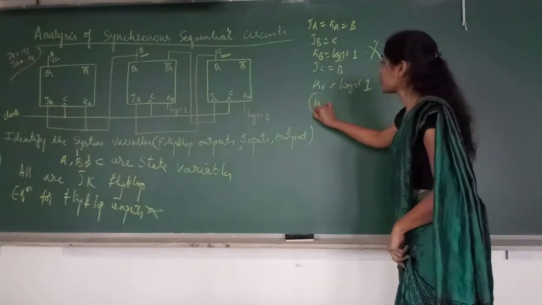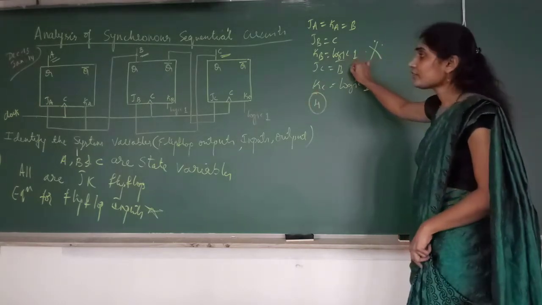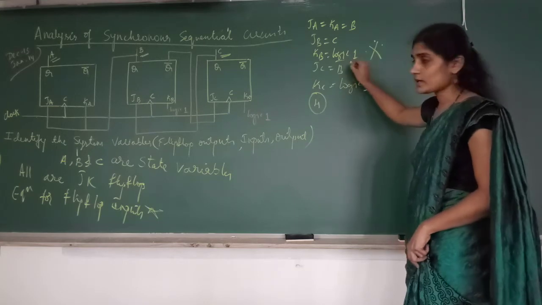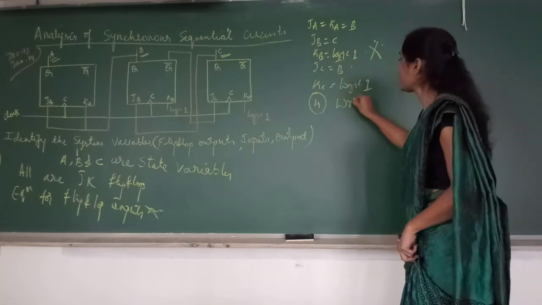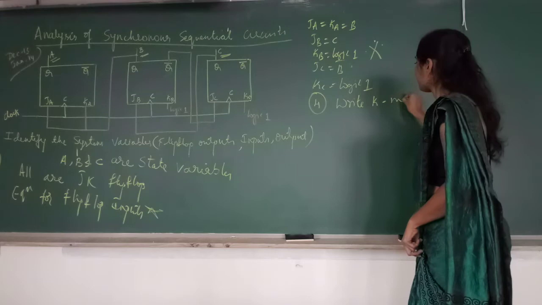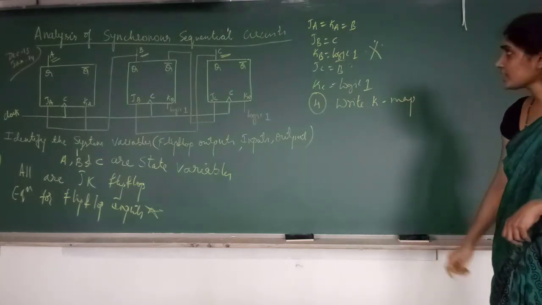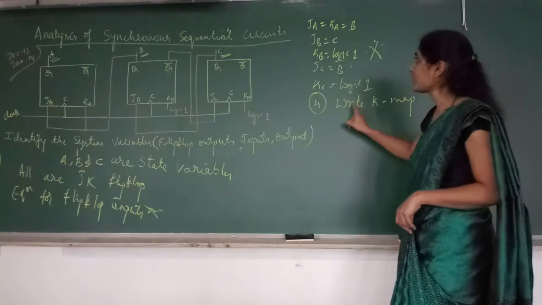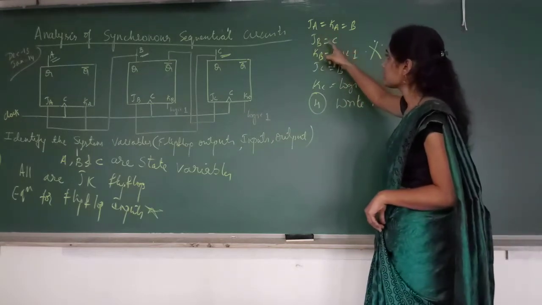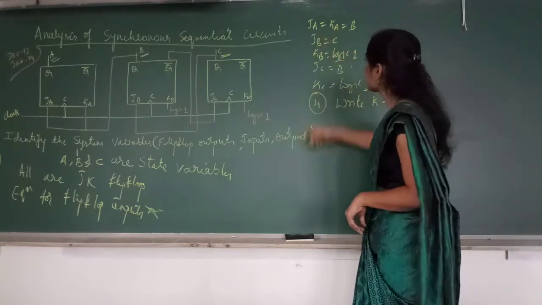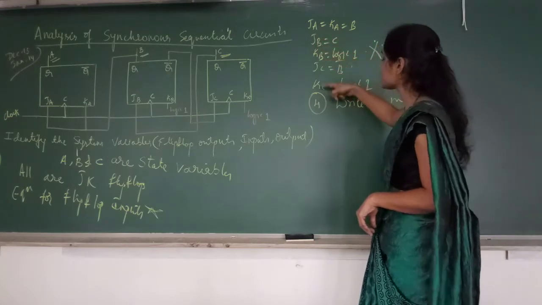The fourth step is, looking at the flip-flop input equations, write the K-map. We have to write the K-map for JA, KA, JB, KB, JC, KC.